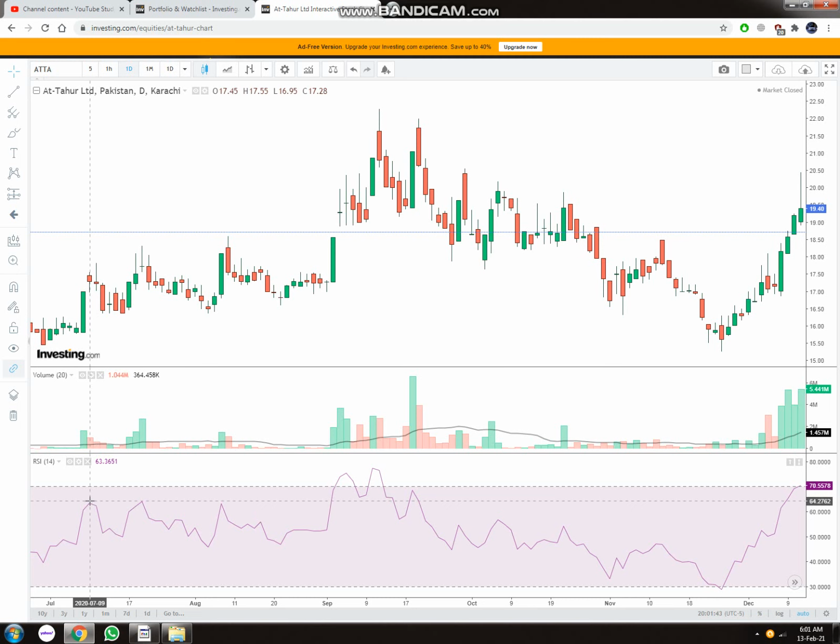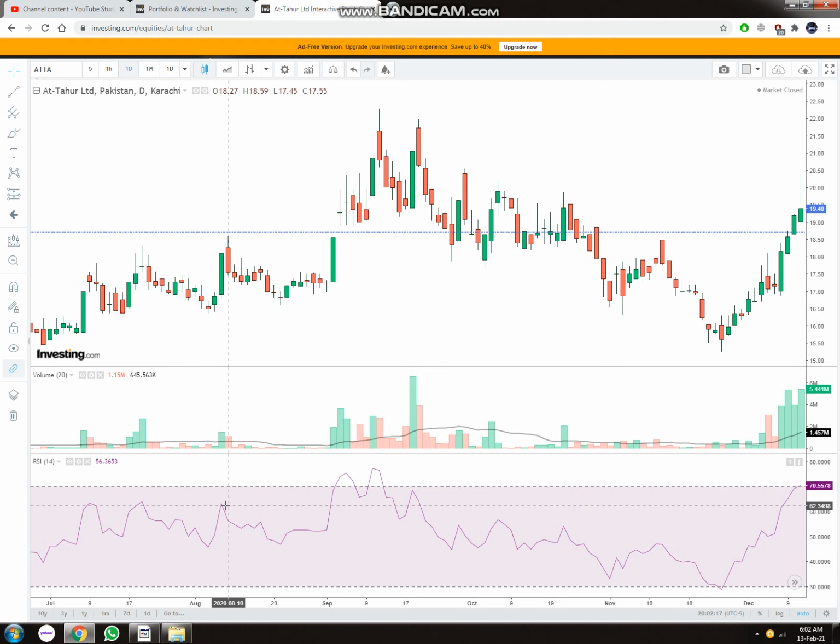Now at these levels, you have recognized one overbought area and one oversold area. From the oversold area, buy the shares and hold them, and sell them at this level. Again do the same, or short them at this level and close them at these levels, because this is the major support level, the oversold area that you recognized earlier.